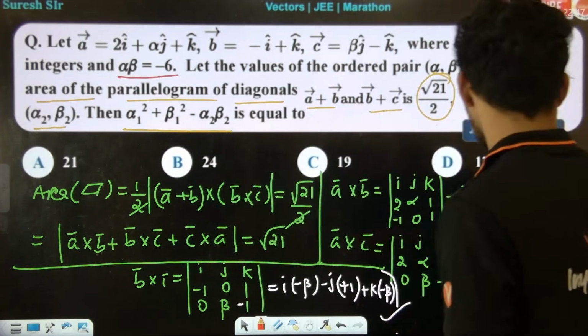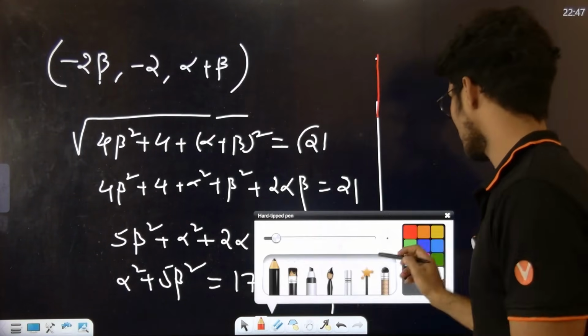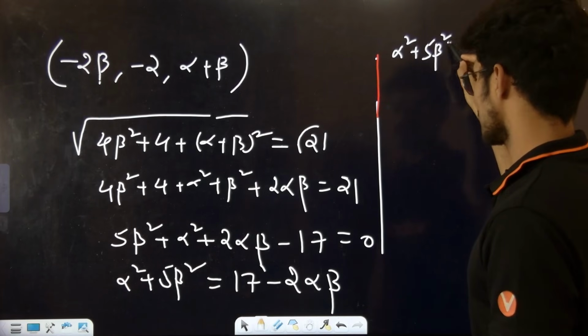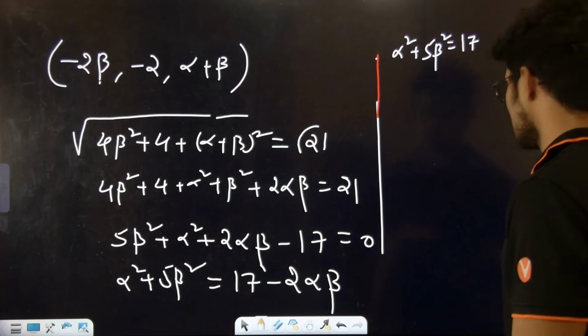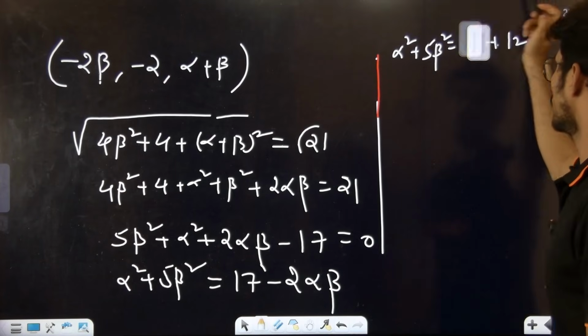Be careful. Alpha beta they have given 6, so what are the possible values of alpha beta now? Alpha square plus 5 beta square, 17 plus 12.